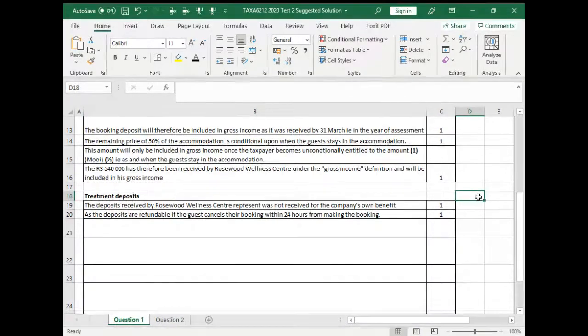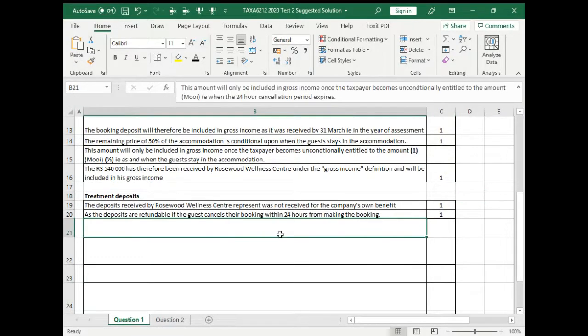So this treatment deposit has a different component to it. Essentially, all the deposits we received on the last day of the year would have fallen into that 24-hour booking cancellation, and the rest would have already been included.